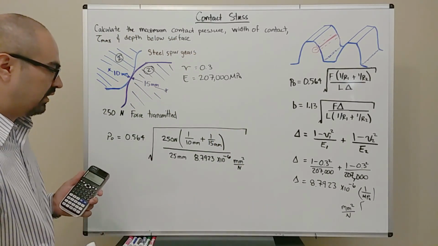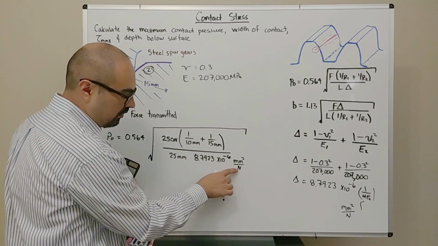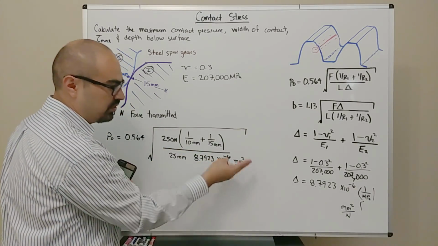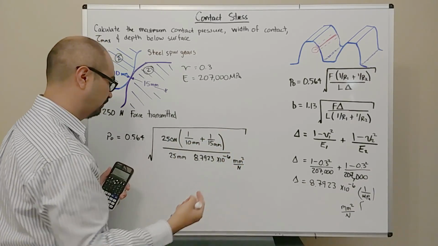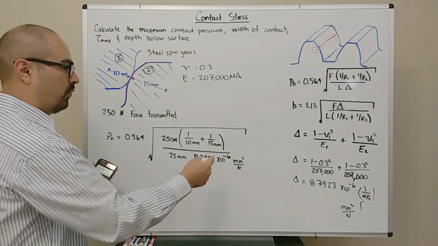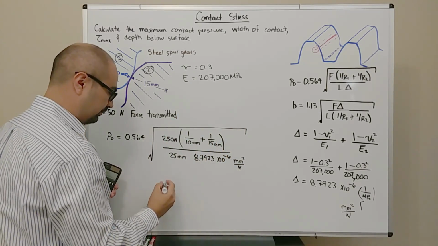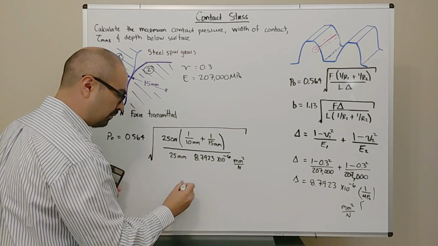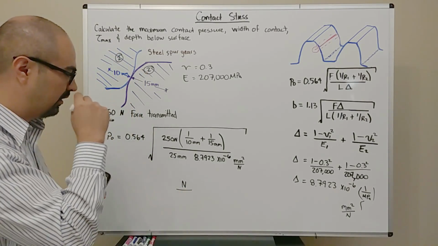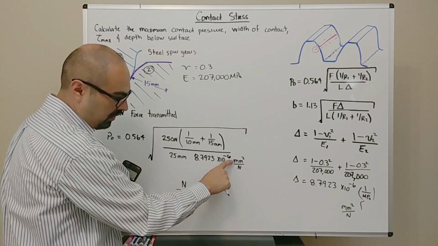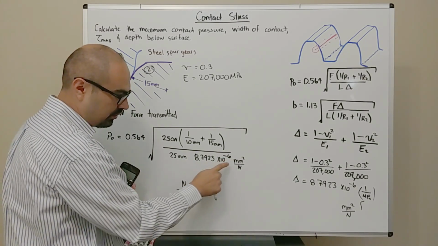So let's see what's going to happen. We have newton up on top, and we have a newton in the denominator, which brings it up on top. So we're going to have units of newton squared. When we take the square root of that, it's going to give us just a newton. So we're going to have newton up on top. Now let's see what we have in the denominator. We have millimeter squared times a millimeter, that's millimeters cubed.